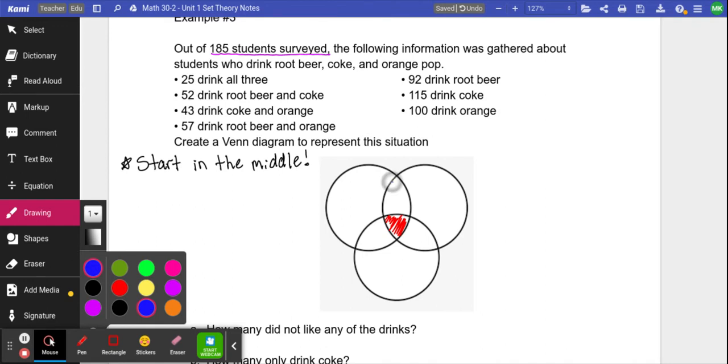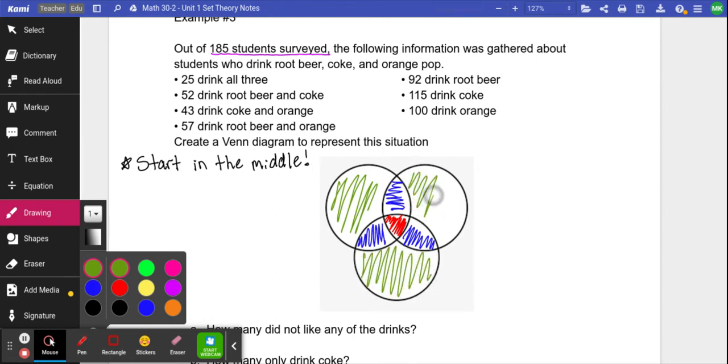The next outer sections would be these ones, the next closest to the middle. Then you can do these outside ones. And lastly, we fill in any number that might go out here. So when I'm building a Venn diagram, I start at the center and I work my way out of that center.